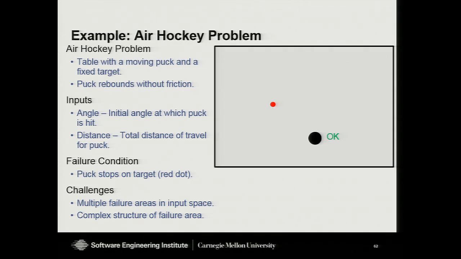If it doesn't hit the target, that's okay. If it lands on the target, that's not okay. You can see there are lots of different paths the puck can take, lots of different regions in the input space that can lead to a fault. So we want to speed up the simulation that can find us there.